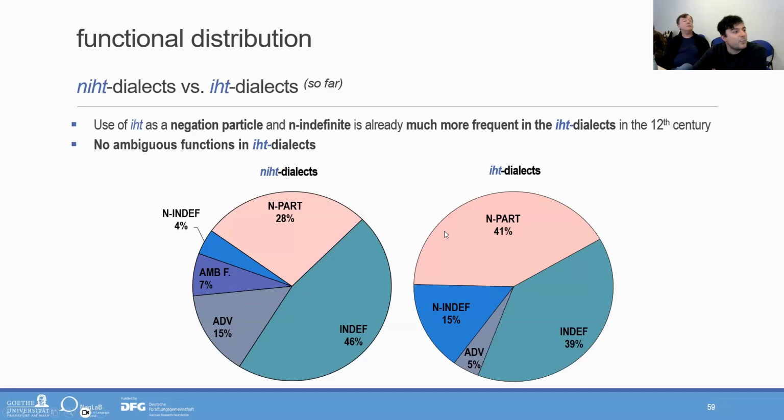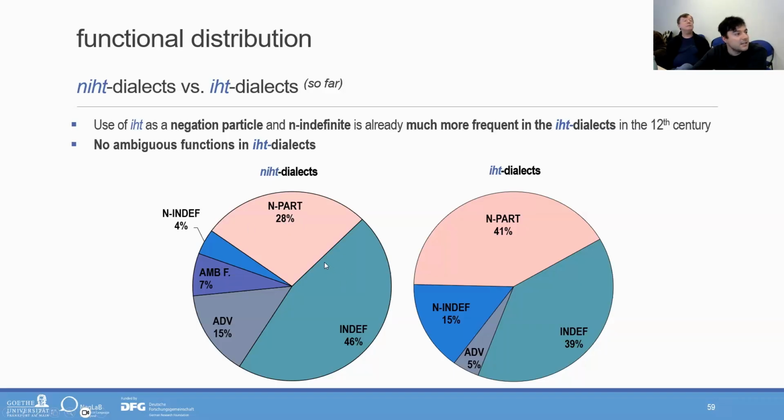So here again, if we compare that with the ich dialects, we can see, okay, there are a lot of, let's say, similarities, but the use of ich as a negation particle and negative indefinite is already much more frequent in the ich dialects, already by the end of the 12th century. Here you can see there are a lot of uses with the negative semantics, but here it's less.